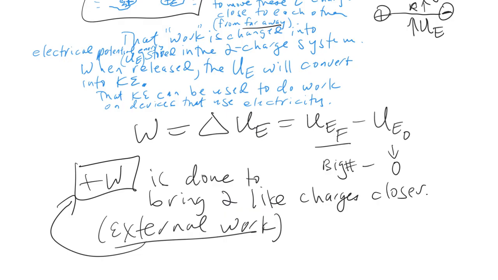The work I do to push them together to give them more electrical potential energy is positive. It's external work. Now, you can say that the electric field is doing negative work when this happens, but we'll stick to what external work is.